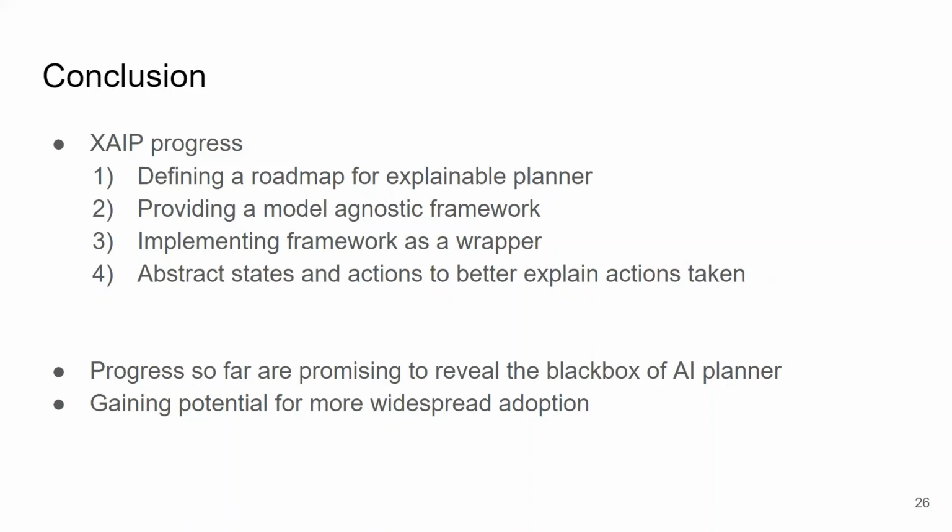More recently, there is also research trying new ways of presenting the AI plan through abstracting the states and actions. This progress so far is promising to reveal the black box of AI Planner, and in turn is gaining potential for more widespread adoption by gaining users' trust and meeting legal regulations.